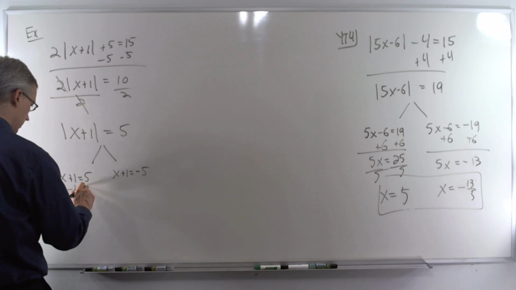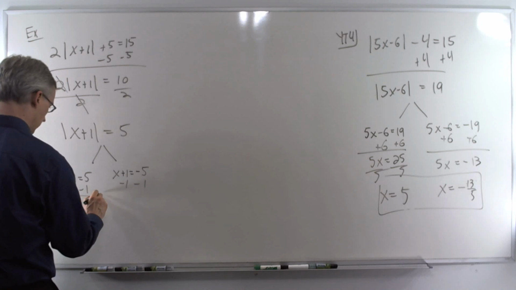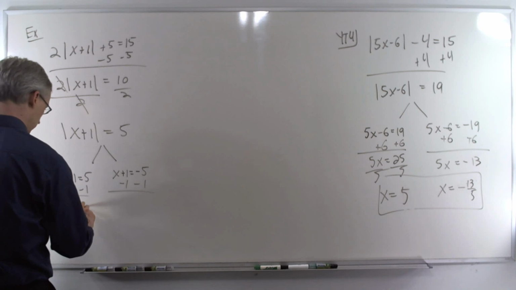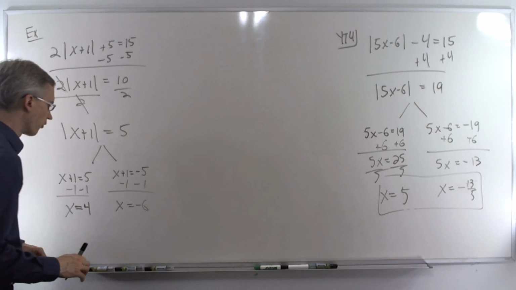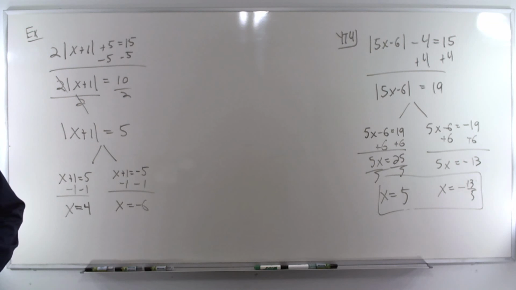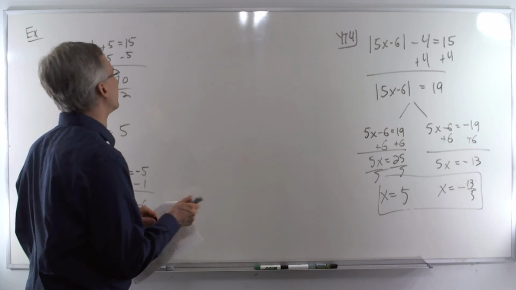Solving. We get 4 and negative 6. Your turn, number 5.